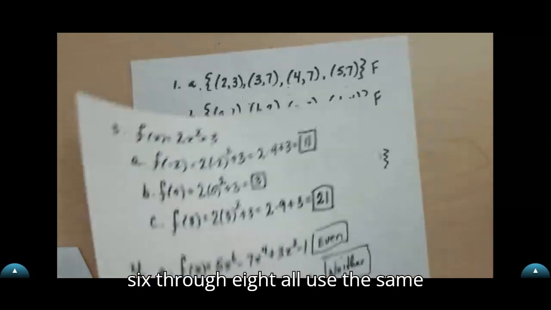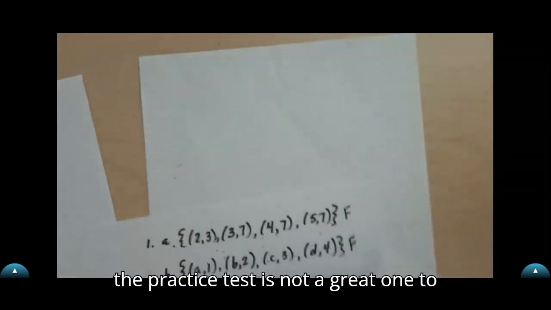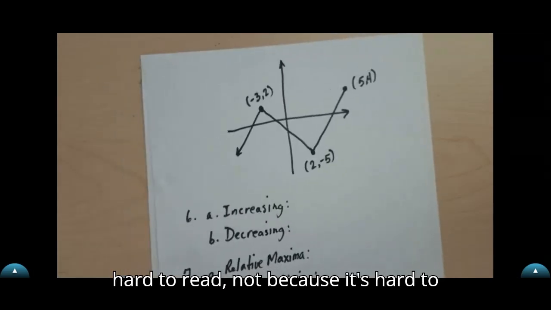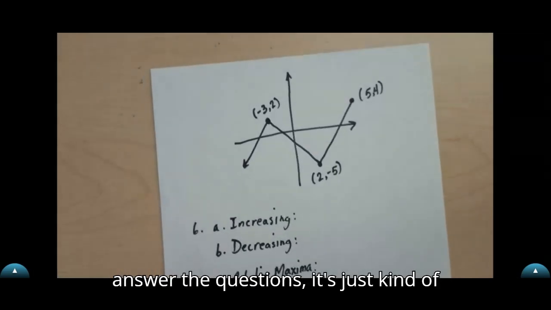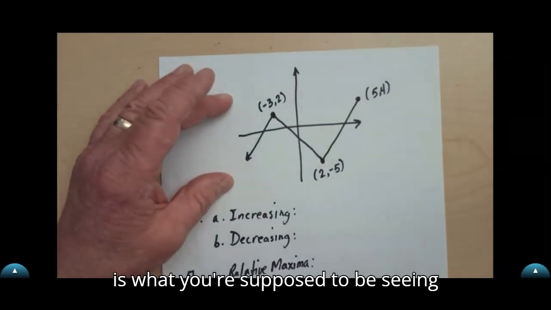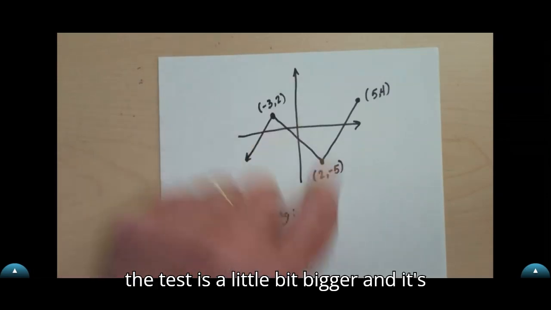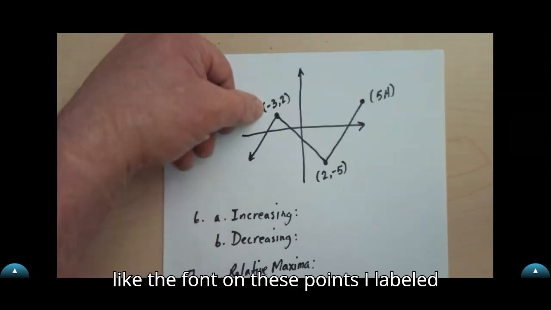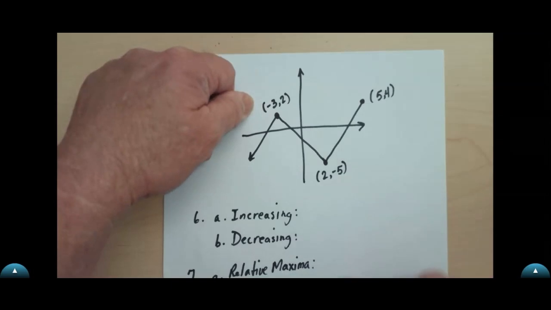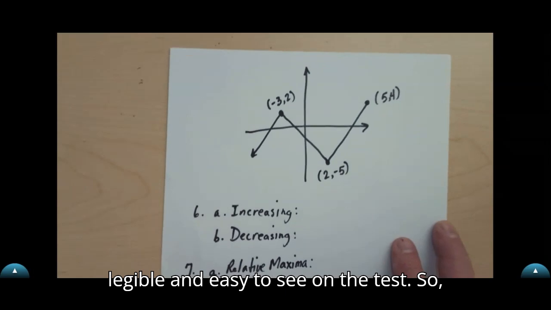Problems 6 through 8 all use the same graph, and that graph on the practice test is not a great one to put on a test, not because the graph is hard to read, not because it's hard to answer the questions, it's just kind of hard to read the graph. But this is what you're supposed to be seeing roughly on the graph. The one that's on the test is a little bit bigger, and the font on these points I labeled is so small you can hardly read it on the practice test, but I think it's more legible and easy to see on the test.